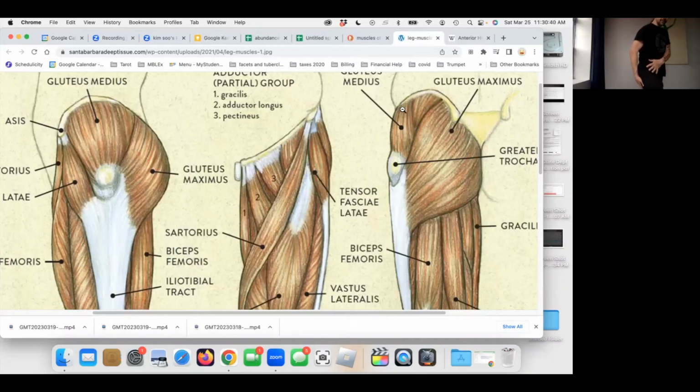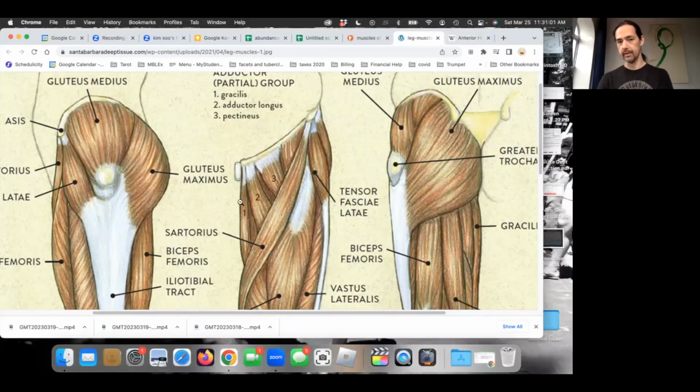The ilium is in the front, the ischium is in the back, right? I keep reversing those two. I apologize. So you cannot see the adductor magnus, although it definitely is one of the more important muscles of the adductor group. Also part of the adductor group are the gracilis, the adductor longus, and the pectineus.